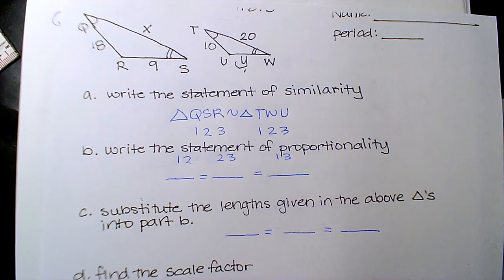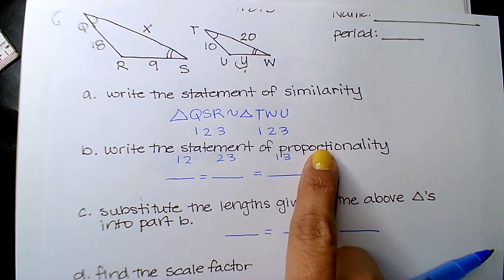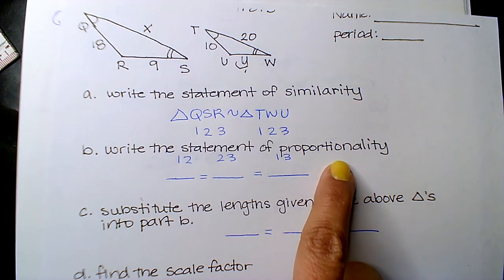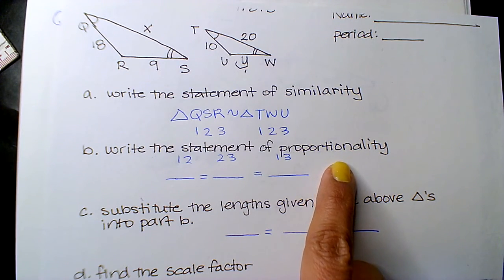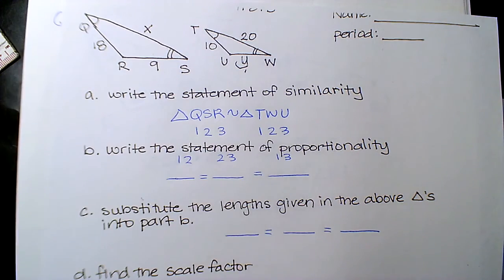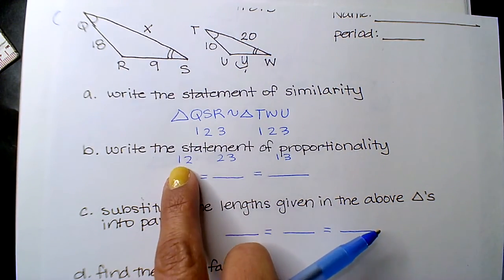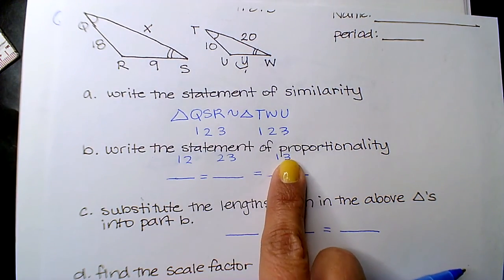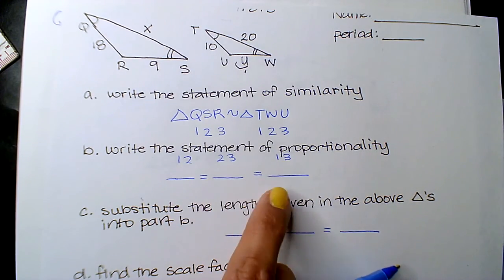Okay, so look, the statement of proportionality has to do with sides. Sides are segments. Segments need two letters to define them because they need the endpoints. So letters 1 and 2, 2 and 3, 1 and 3, that's how you get the corresponding sides.